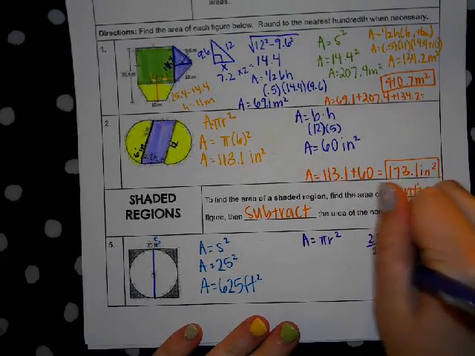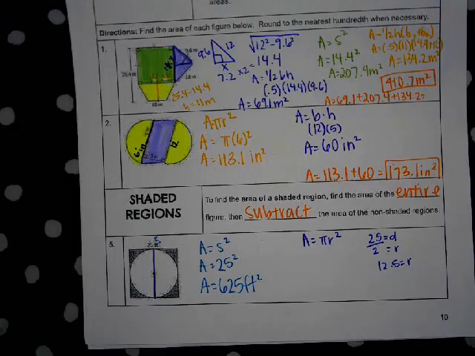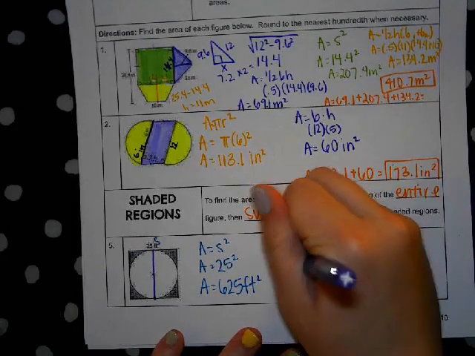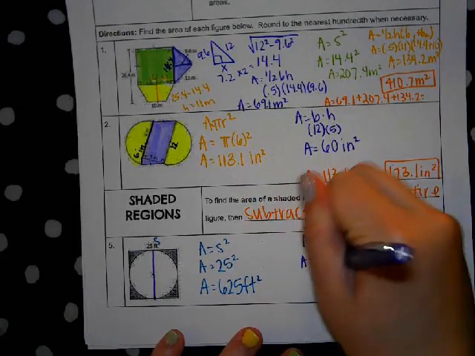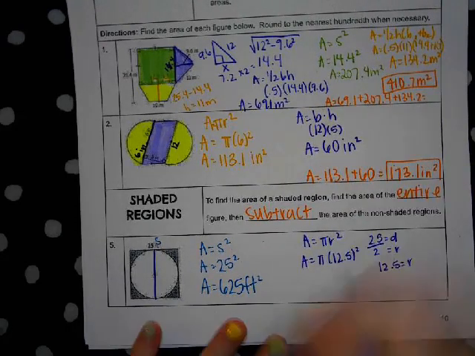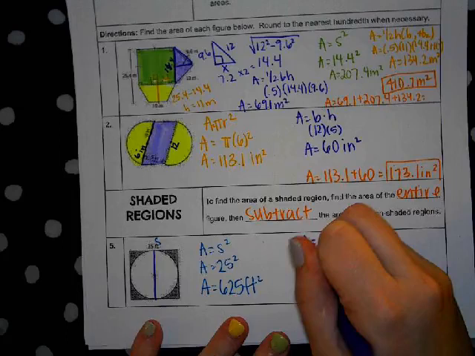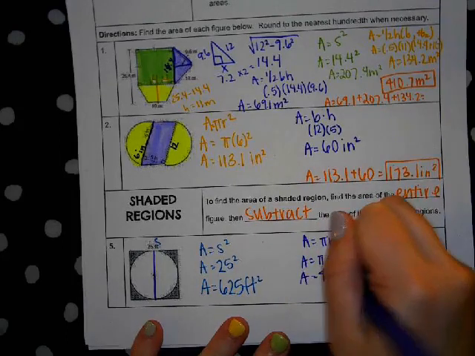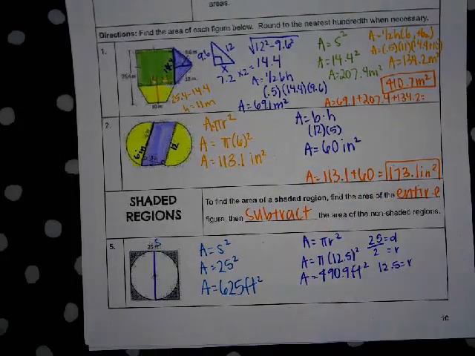So now I can just plug it into my formula. Area is equal to pi times 12.5 squared. If I type that in my calculator, I'm left with an area of 490.9 feet squared. Now I found the entire figure, and I found the non-shaded region. Now I've got to subtract.